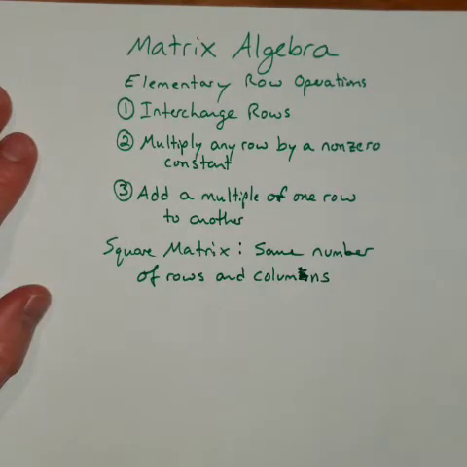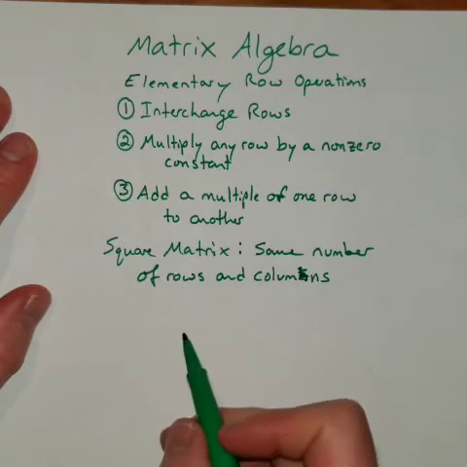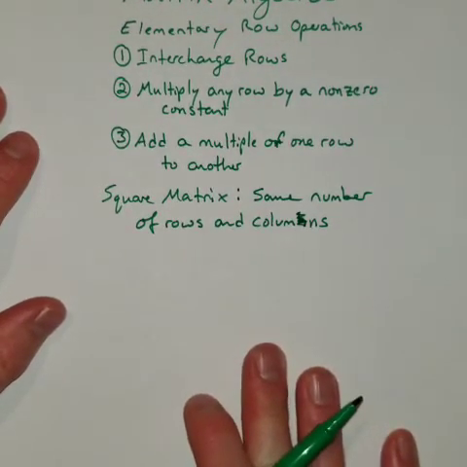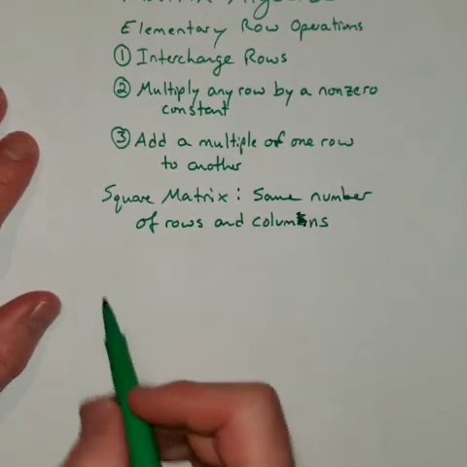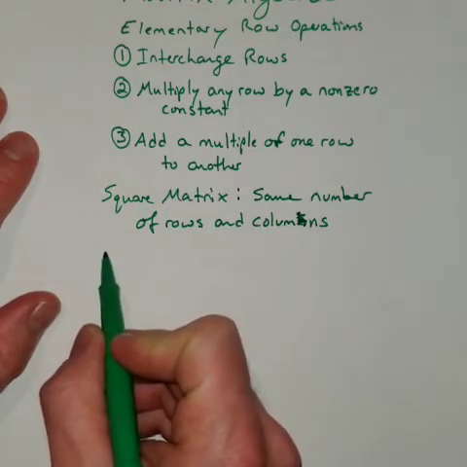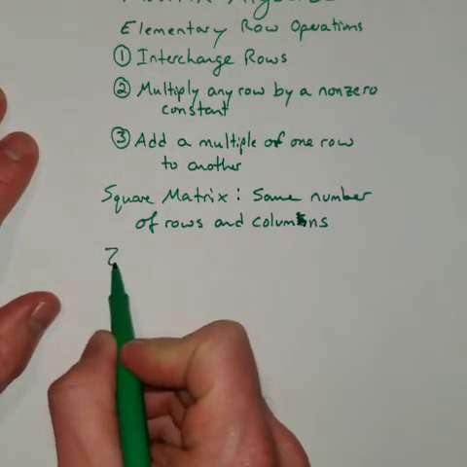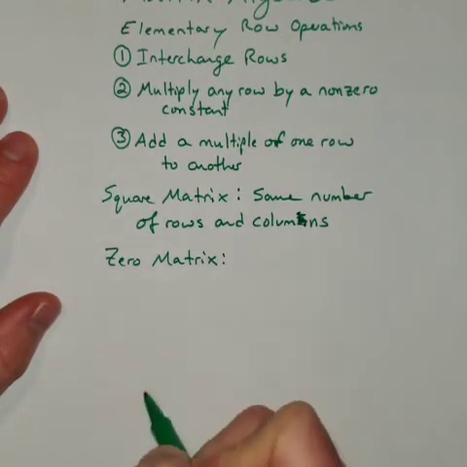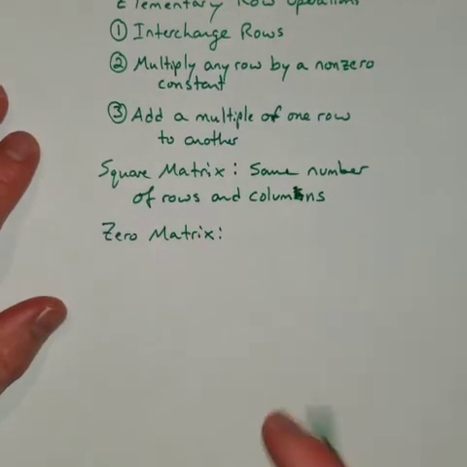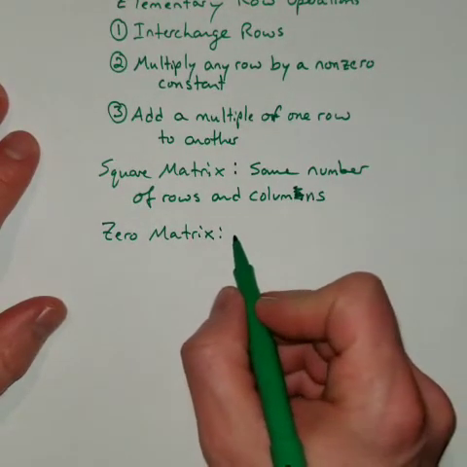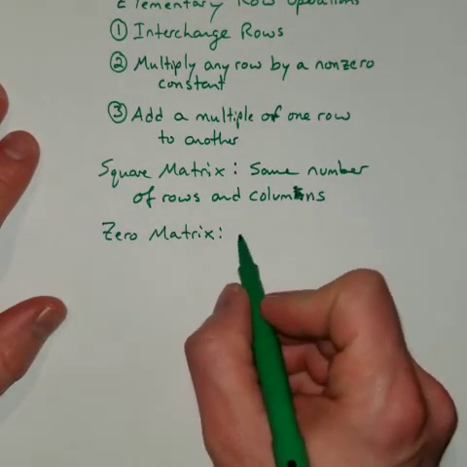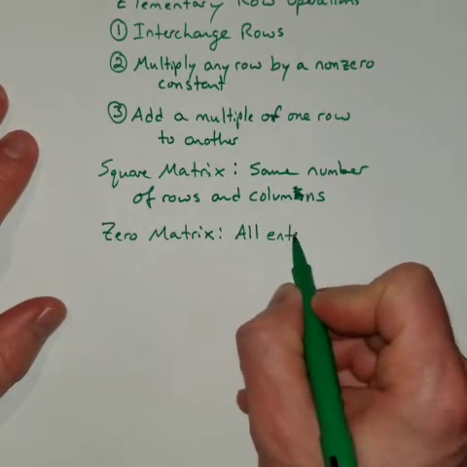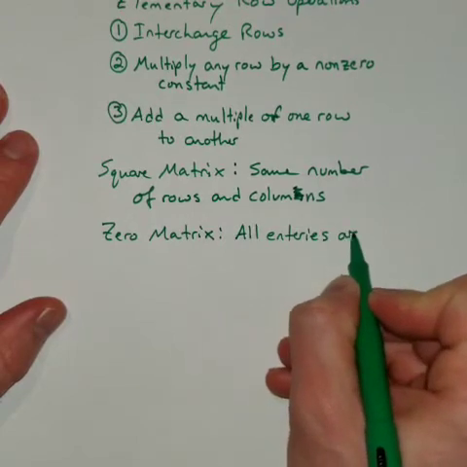Same number of rows and columns. Okay. Alright, so now we're going to look at some newer items, particularly a new matrix called the zero matrix. The zero matrix is kind of like you would guess, all entries are 0.